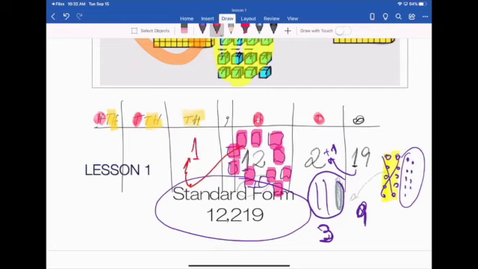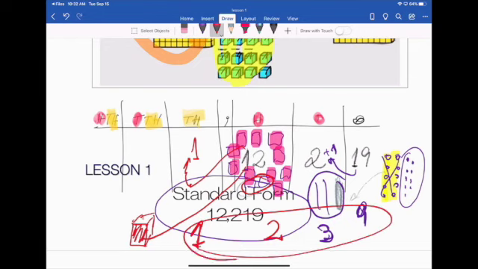So we put it like this, and this will become one of these now. This one will become 1000, and we just have these 2 left. So that's why we say we have 2 left in the 100. This is the standard form that we want to see, not that one.